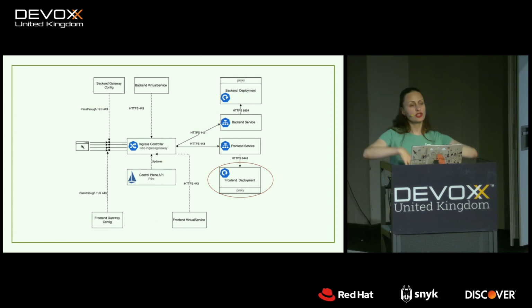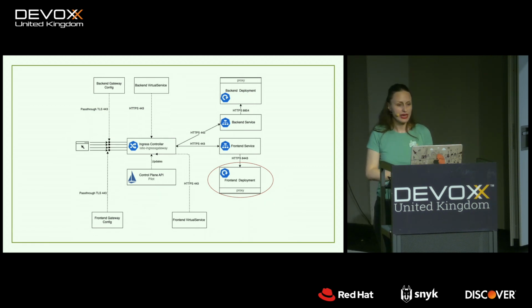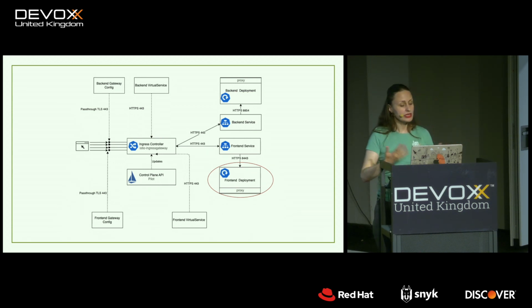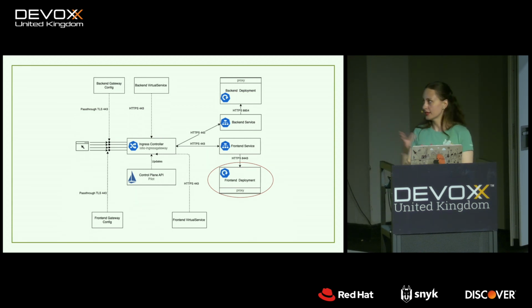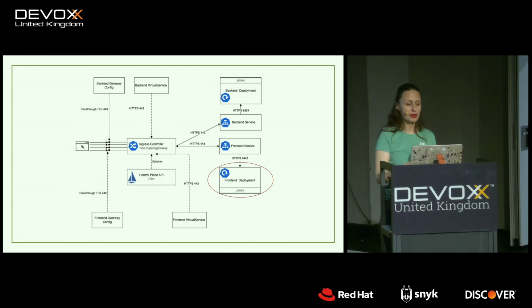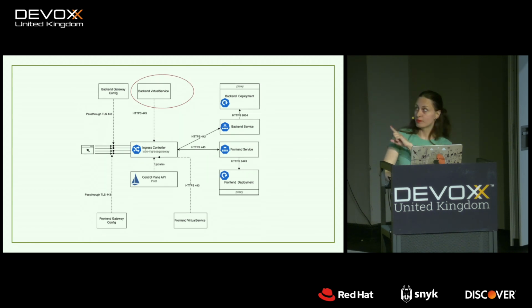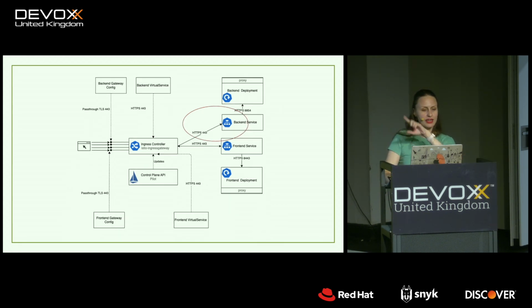Now the front end, because it's running an application on HTTPS, of course, requests information from the backend. It says, okay, I need this from another app, but I need to make sure that I can authenticate against that one. So it comes back and looks at the backend gateway config, then the request goes to the backend virtual service, and service and deployment.